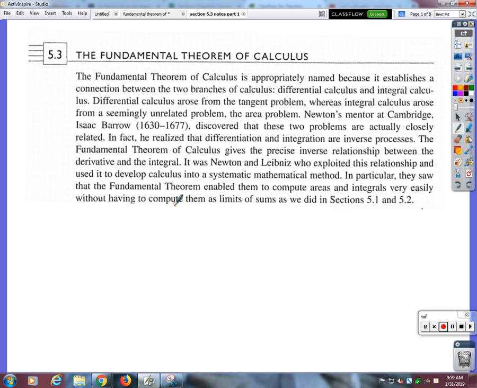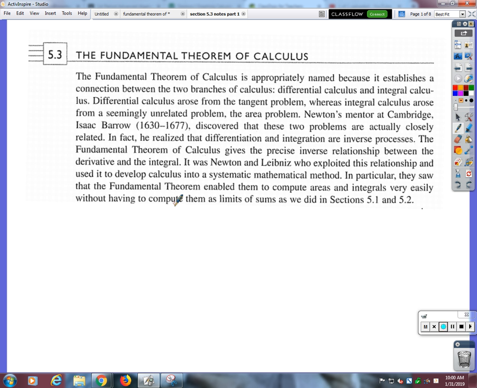All right, so I'm going to just read you this paragraph because it's such an exciting part of calculus, the fundamental theorem of calculus. It's appropriately named because it establishes a connection between the two branches of calculus, differential calculus and integral calculus. Differential calculus came from finding tangents. Integral calculus arose from a seemingly unrelated problem, finding areas. Newton's mentor at Cambridge, Isaac Barrow, discovered that those two things are closely related.